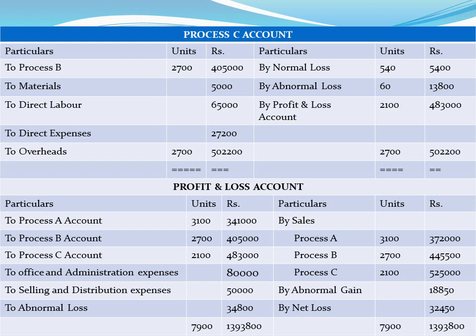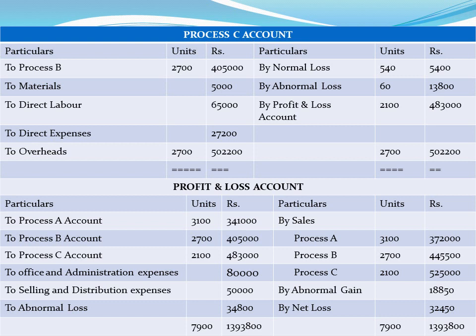To office and administrative expenses 80,000, and to selling and distribution expenses 50,000. Overall abnormal loss in all the three processes is 34,800, and sales from process A is 3,72,000, process B 4,45,500, and from process C 5,25,000.